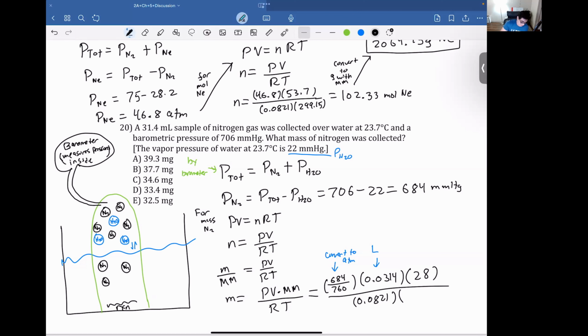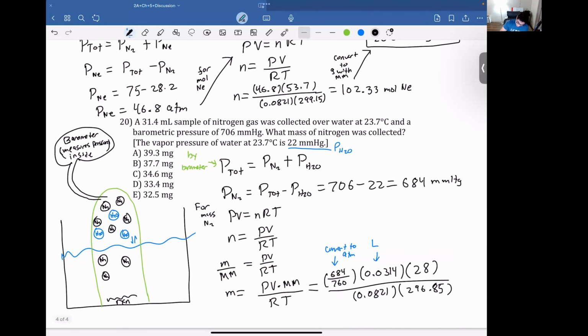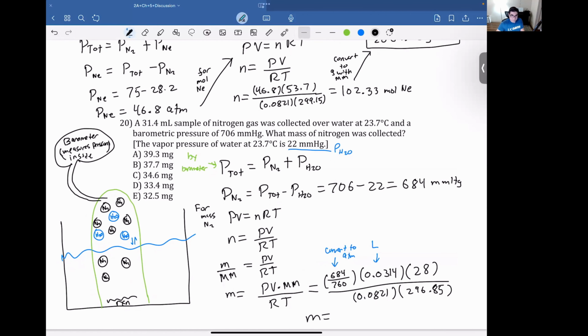And then T is 23.7 plus 273.15, which is 296.85. After plugging in, you get 0.0325 grams. And that's equivalent to, if you multiply by 1,000, 32.5 milligrams. And that is your answer.